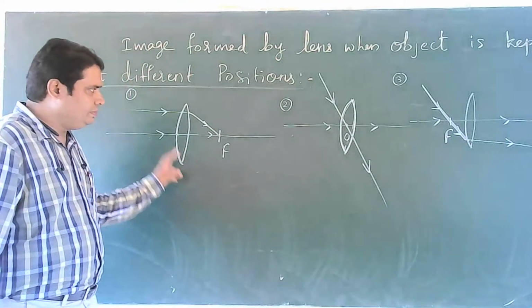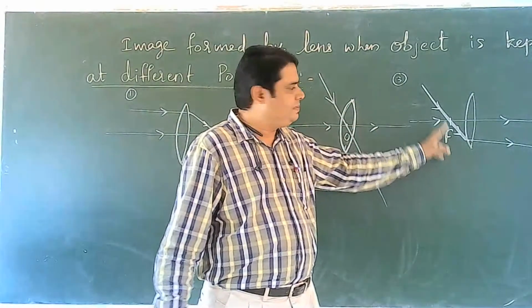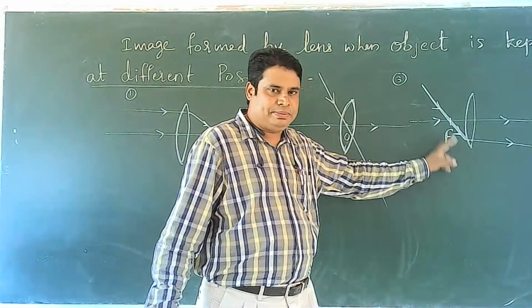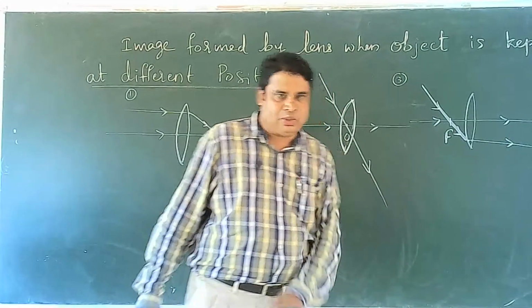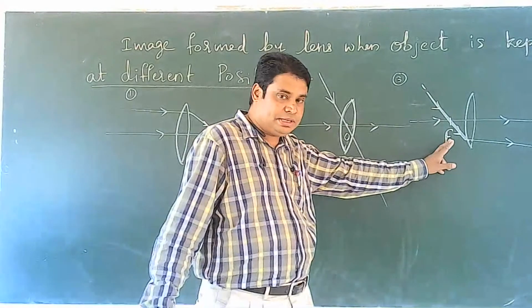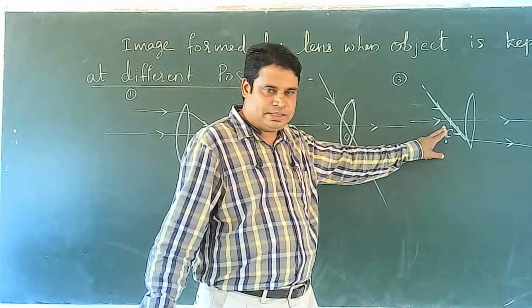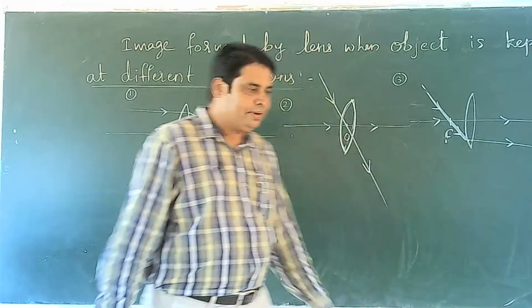Ray 1 is parallel to principal axis. This is the exactly opposite case: ray passing through the principal focus and going parallel to principal axis. This is principal focus, this is principal axis.